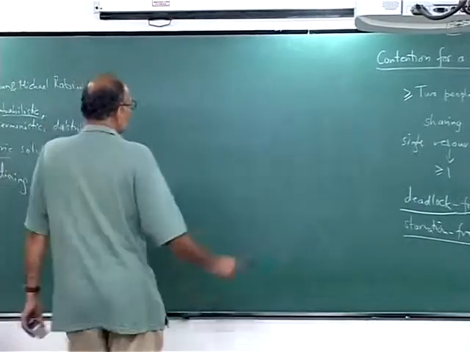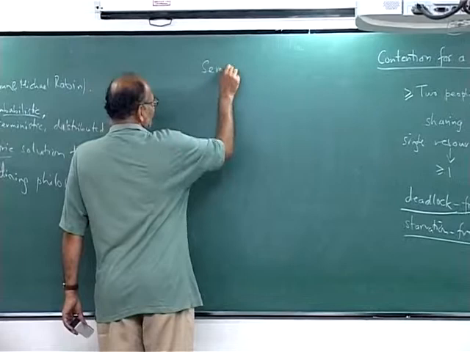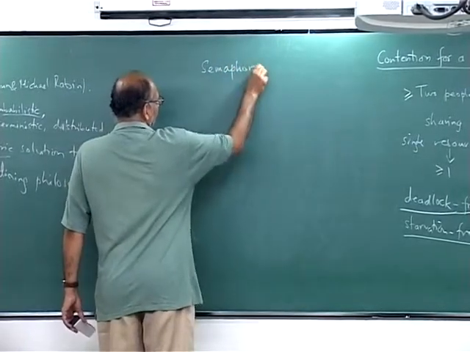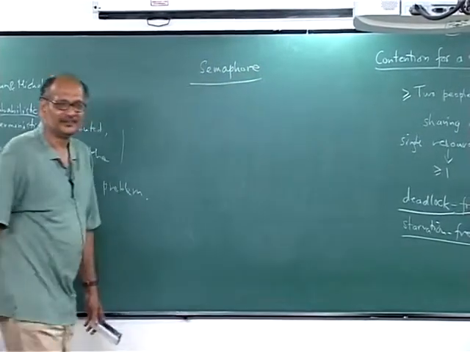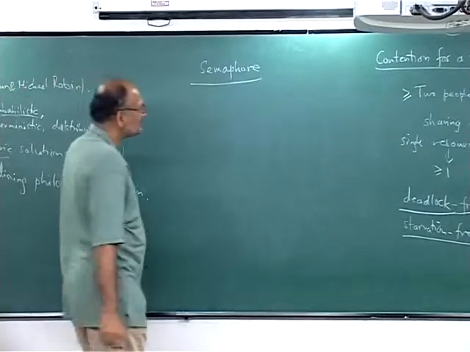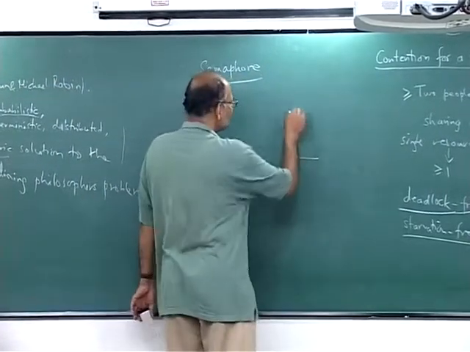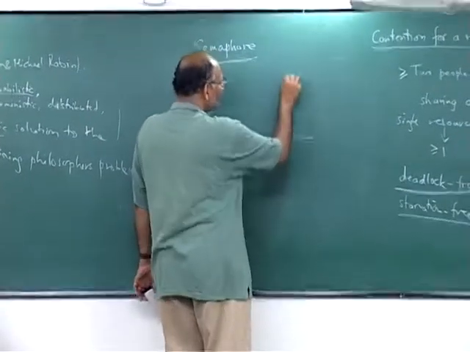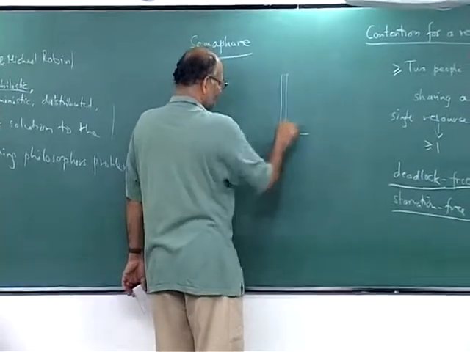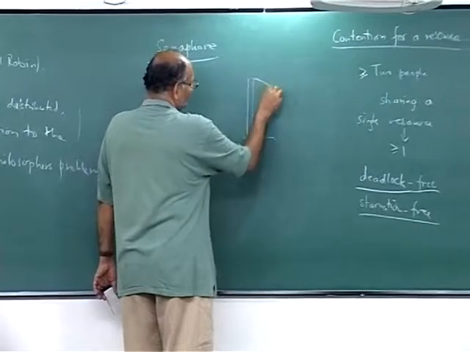So a solution also involves the concept of a semaphore, and if you don't know what it is, I doubt whether you have seen these kinds of things. Only people of my age would have seen this.